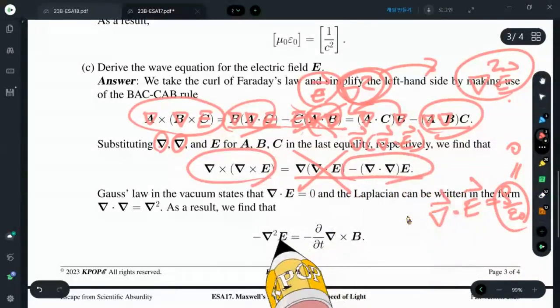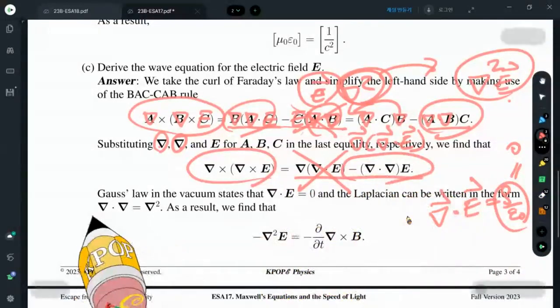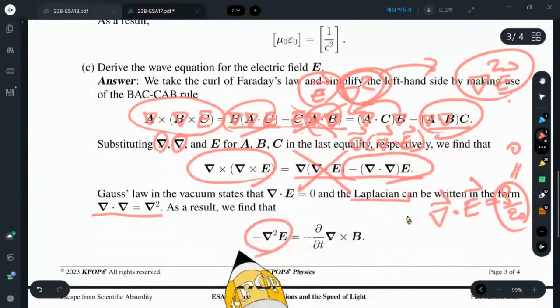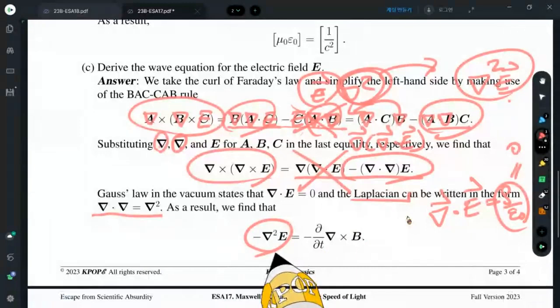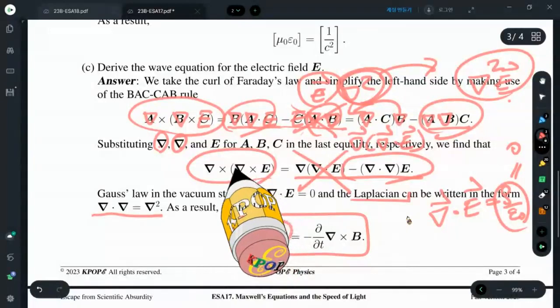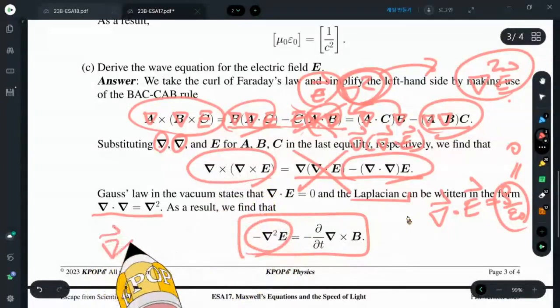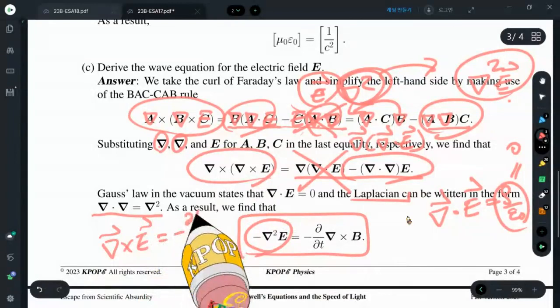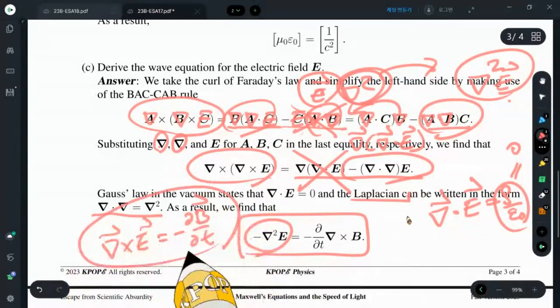What we have is a minus Laplacian. It is called the Laplacian. So minus Laplacian of E. And what we have done is curl E equals minus the time derivative of the magnetic field.